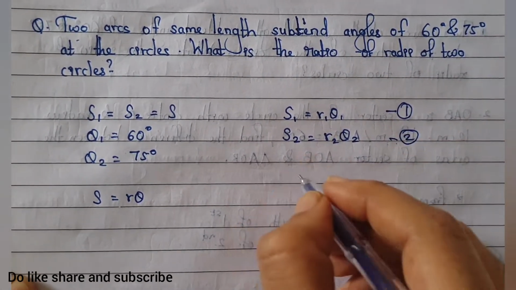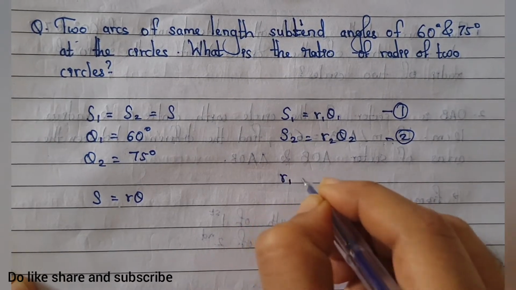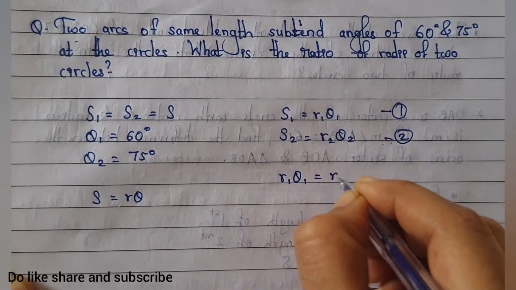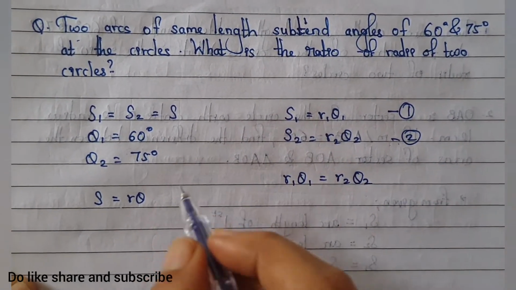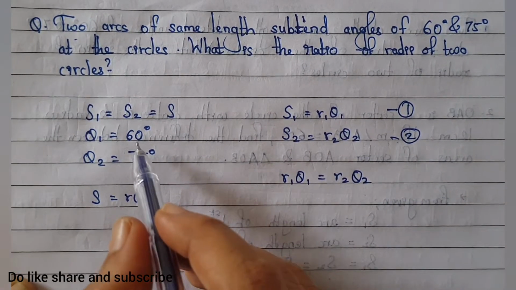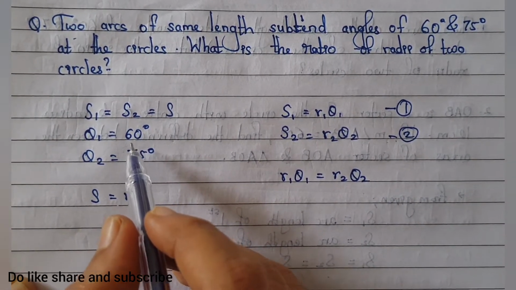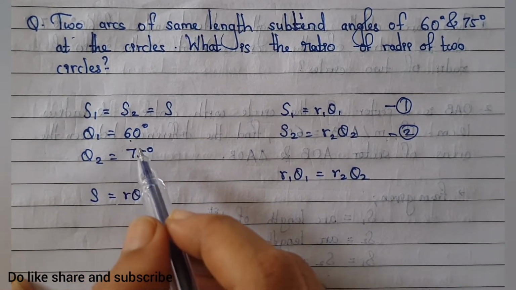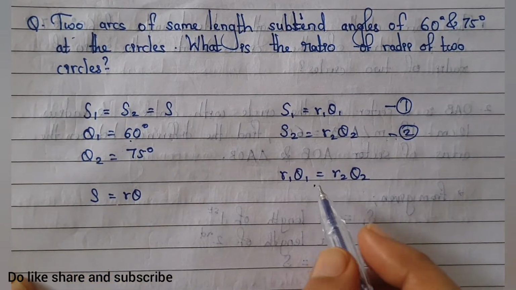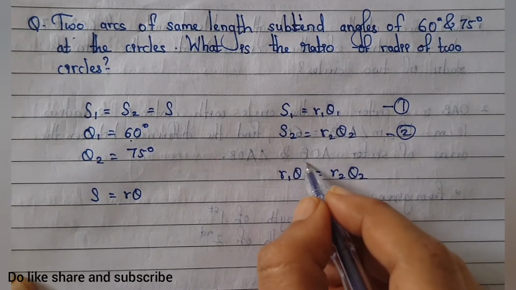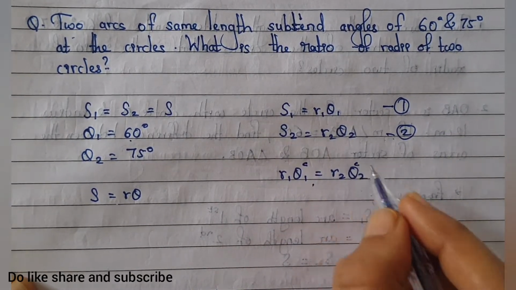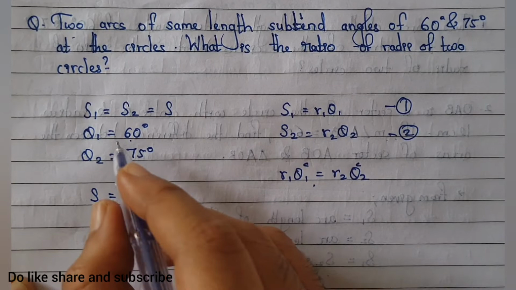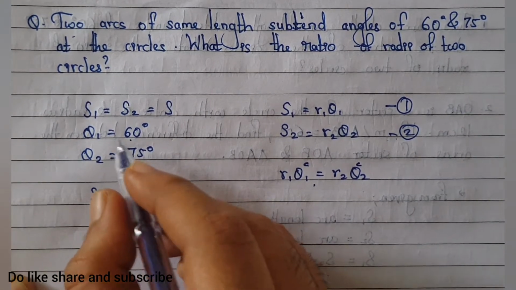So from 1 and 2 we have r1 theta 1 is equal to r2 theta 2. But here there is one problem. Here the angles are given in degrees, but we have to calculate in radians, as this formula, as stated before, is applicable only for theta in radians. So we have to convert these to radians.